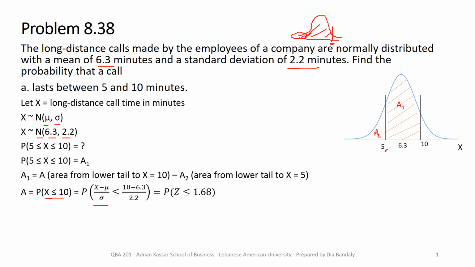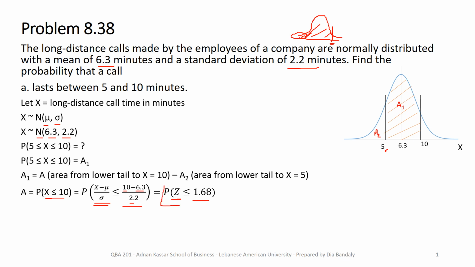So I end up with x minus mu over sigma, and on the right-hand side I have 10 minus the exact value of mu, divided by sigma. Now this is z, so I have a z term here, and the right-hand side of the inequality is now a value. It's 1.68.